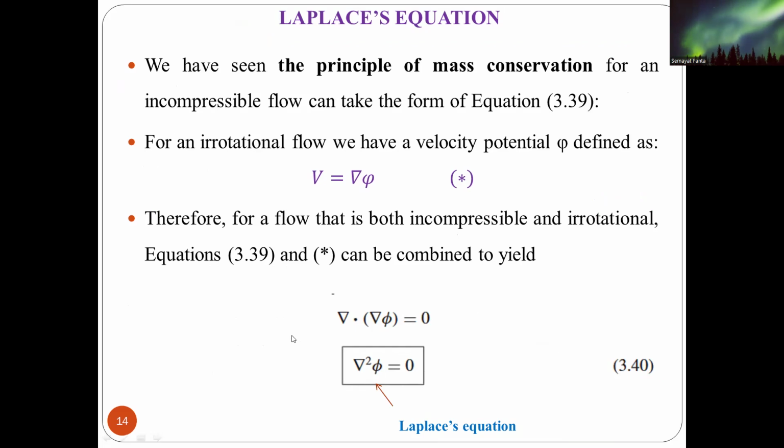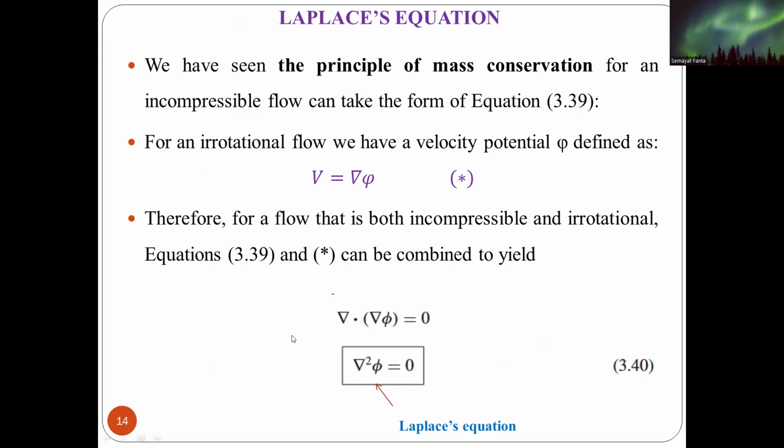Now we have seen the principle of mass conservation and energy conservation. From that, we already developed Bernoulli's equation for an incompressible inviscid flow. For an irrotational flow, we have a velocity potential phi defined such that V is equal to the gradient of phi.